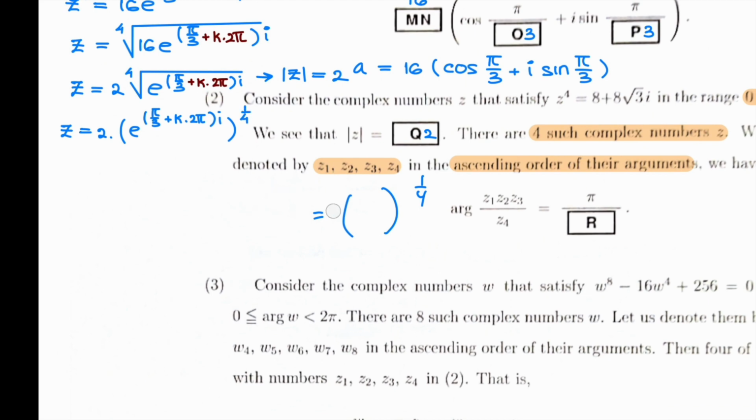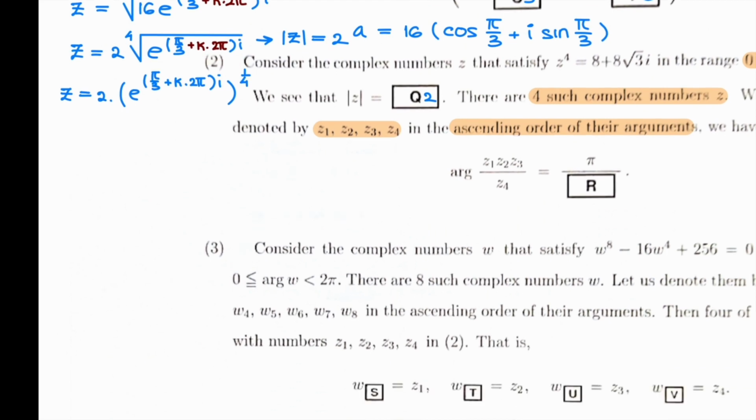If you simplify it, you will obtain z is equal to 2e to the power of pi over 3 times 1 over 4. You will obtain pi over 12. And then k times 2 pi times 1 over 4, you will obtain k pi over 2. Don't forget to put i at the back.